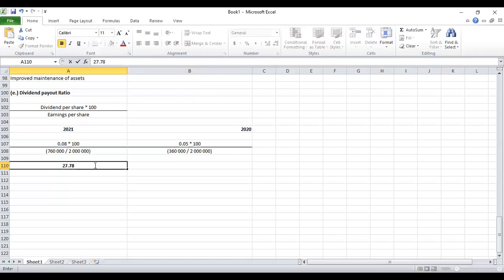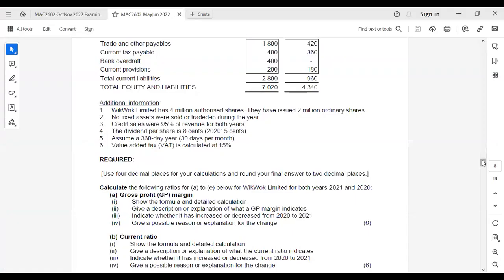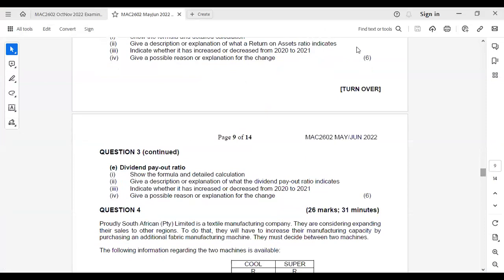27.78. Oh, but that's 2020. Then 2021, 21.05. Right. Then the next question is a description.